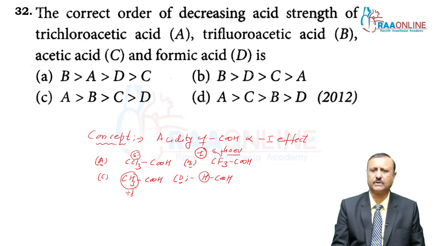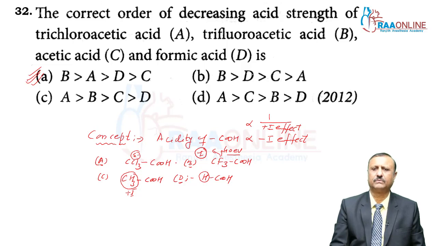My dear students, the minus I effect is proportional to the acidity of carboxylic acid, but the plus I effect is just the opposite, it is inversely proportional. So in this way you can get the answer A.